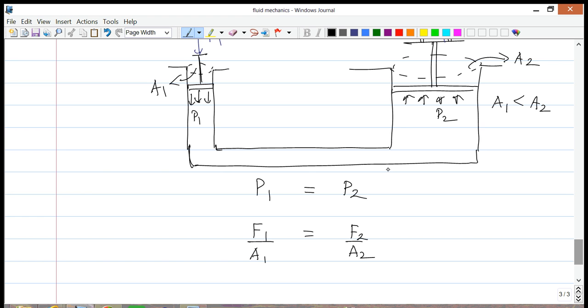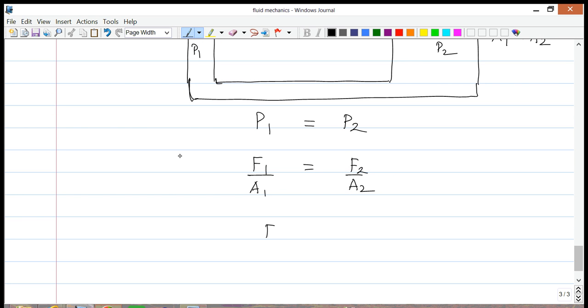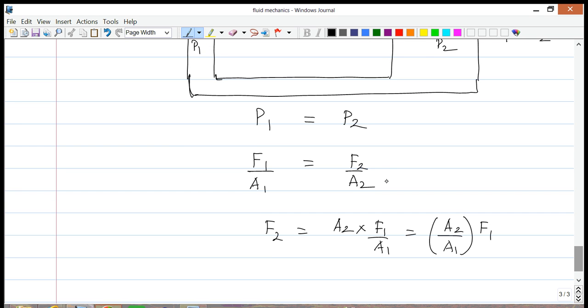Now let's say that you were given F1. By multiplying both sides by A2, we can write F2 as A2 times F1 over A1, or, redistributing the terms, F2 equals A2 over A1 multiplied by F1. So the force on side 2 is equal to the ratio of the area of 2 to 1 multiplied by the force on 1.